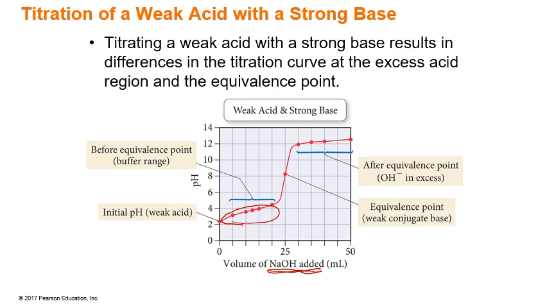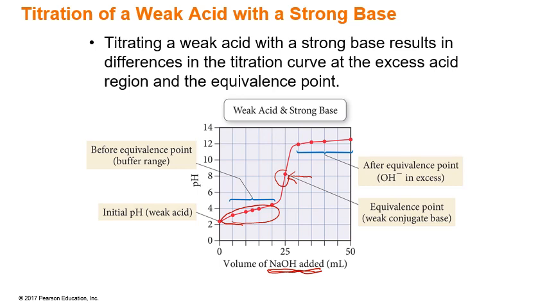And we know how to find the pH of a buffer solution. We get to the equivalence point, and again, the equivalence point is still in the middle of the steepest portion of the curve. You'll notice that it's not quite as steep as it was with the strong acid and strong base, but the equivalence point still falls in the middle.